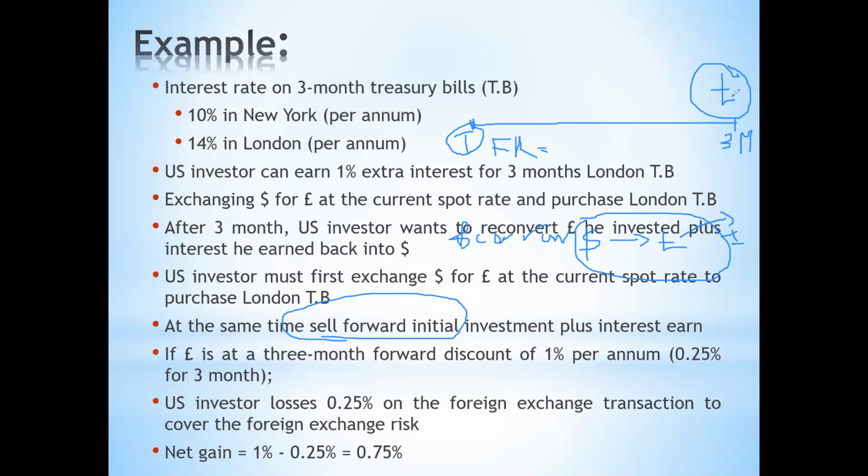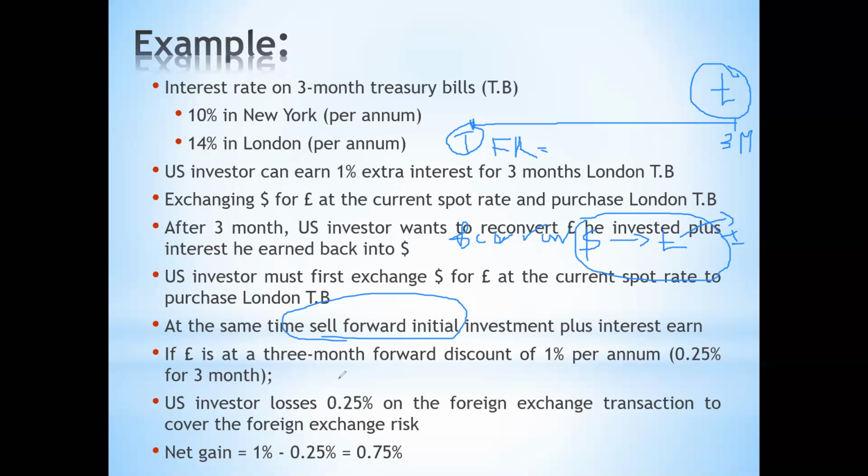Since now we are dealing with the pound forward contract, London becomes the domestic market, right?